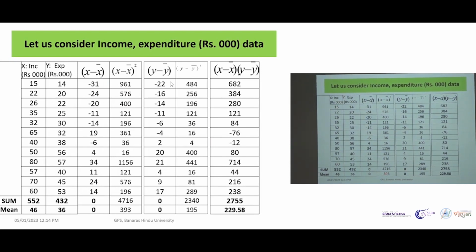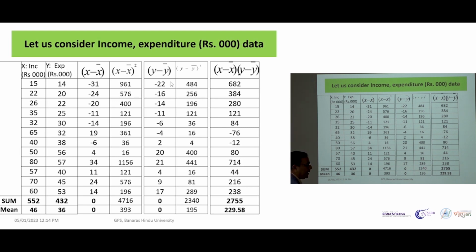This value is called SS of X. This value is called SS of Y. So, for any variable, you can calculate its sum of square.